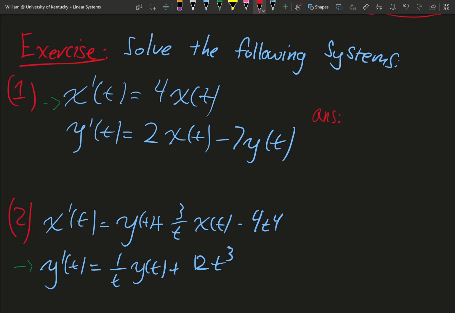So for this first one, we're going to have x is c1 e to the 4t. Hopefully everyone at least made it that far. And then if you didn't adjust your c1 at all, you should have gotten 2/11 c1 e to the 4t plus c2 e to the negative 7t.